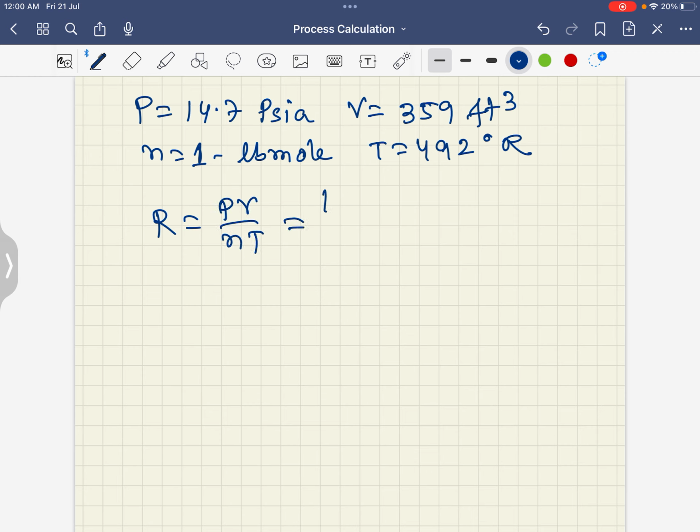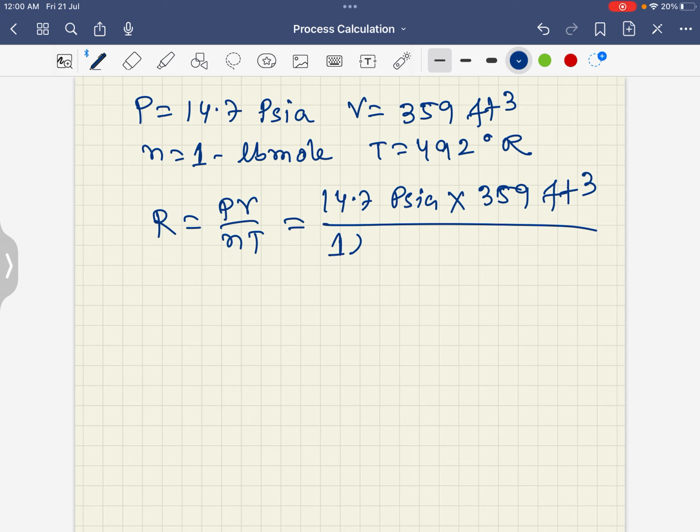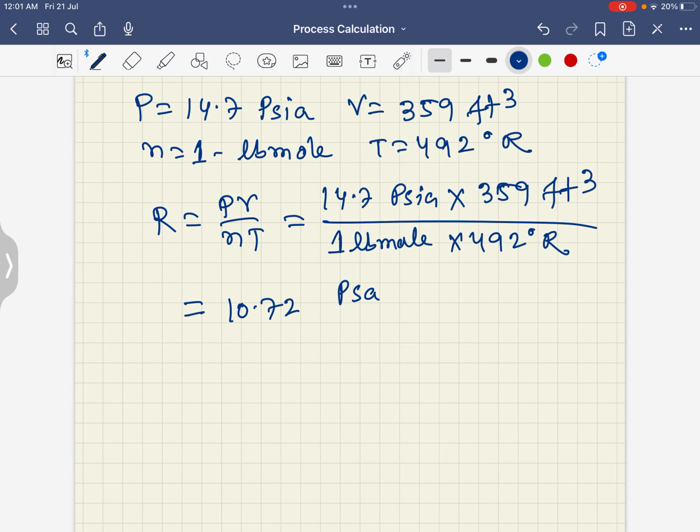If we do the calculation, we'll get 10.72 psia feet cube per pound mole Rankine.